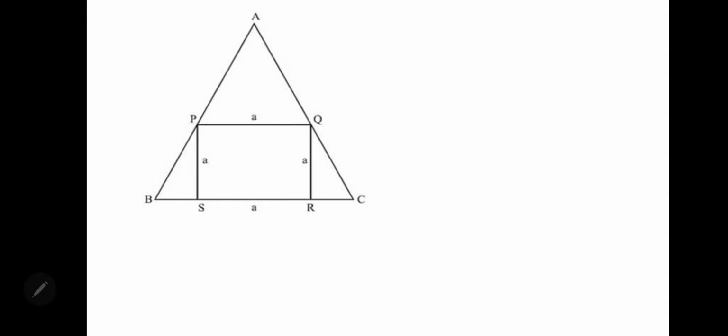I need to find out the side with respect to the side which is given in the square. So if I draw a perpendicular over here, based on the property of the equilateral triangle, if this is 90 degrees, correct, it is going to bisect. So can I draw a triangle like this?